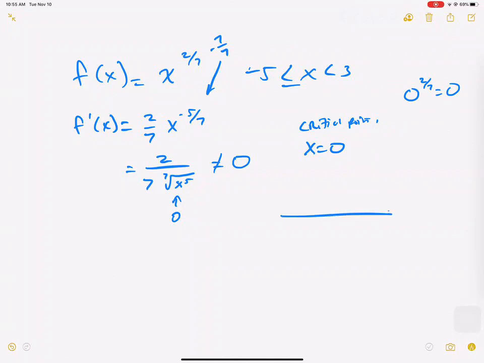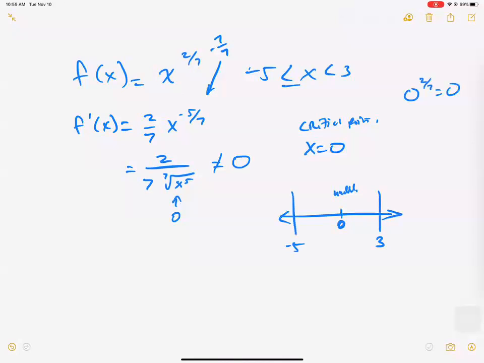So I'm going to draw a sign chart here. My only critical point is when x is 0, and this is undefined. Now, my follow-up question is, what does the slope look like on the left and right side of this? I also included my boundaries at -5 and 3.